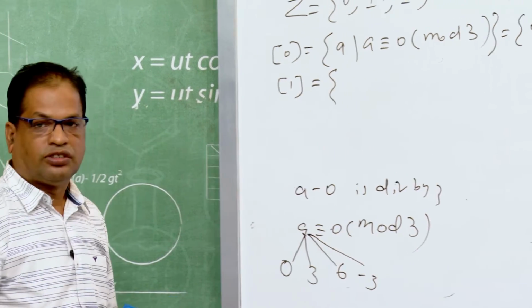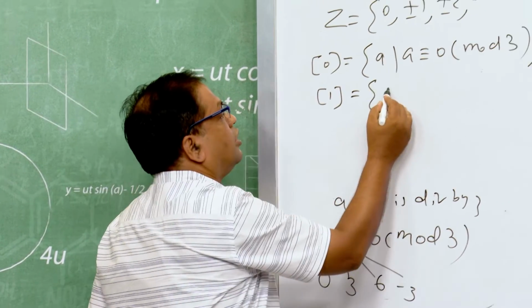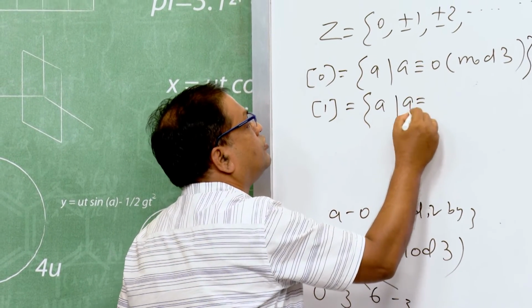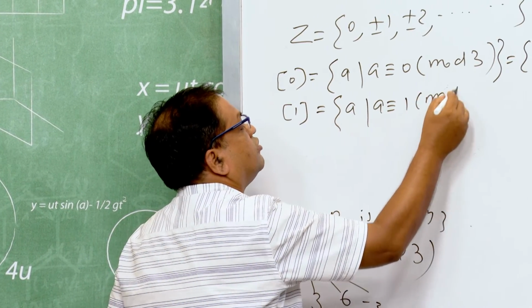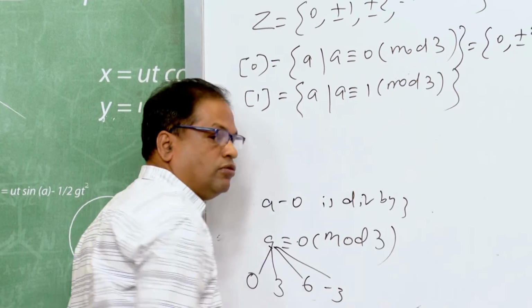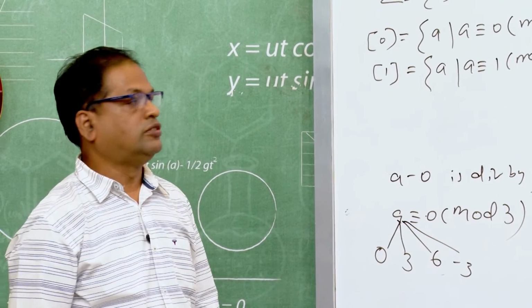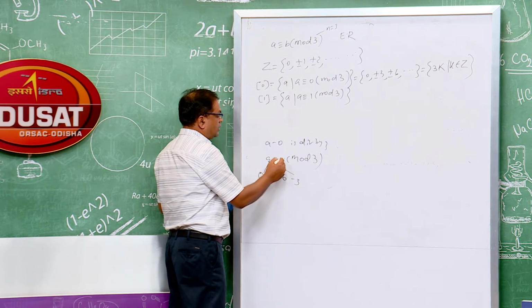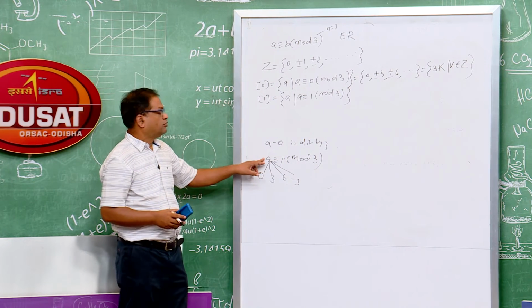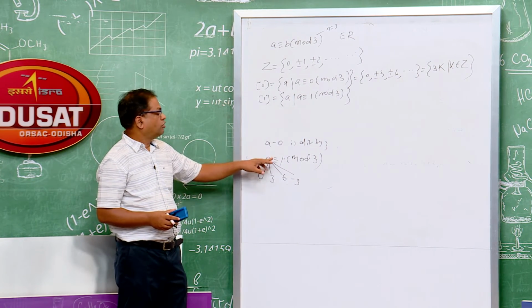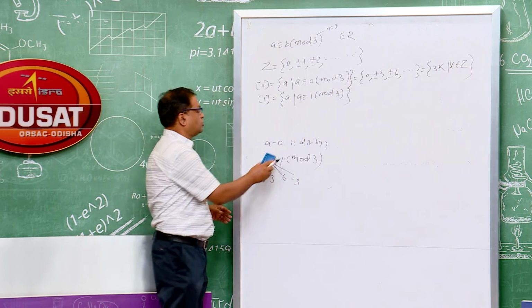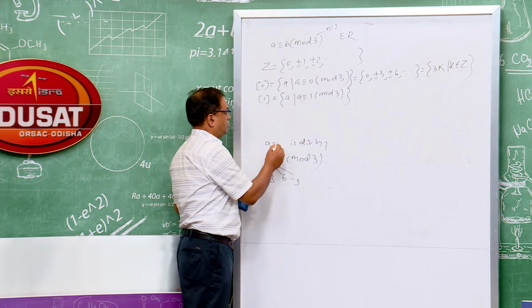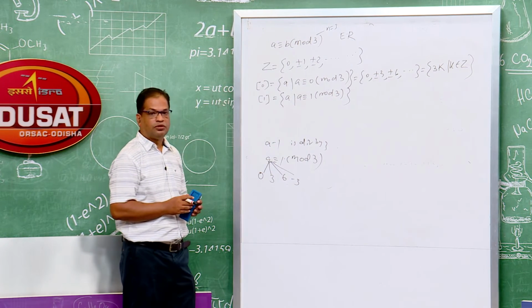So, what is the equivalence class of 1? The set of integers which are congruent to 1 mod 3. That means we have to find the values of a such that a is congruent to 1 mod 3. That means a minus 1 is divisible by 3.